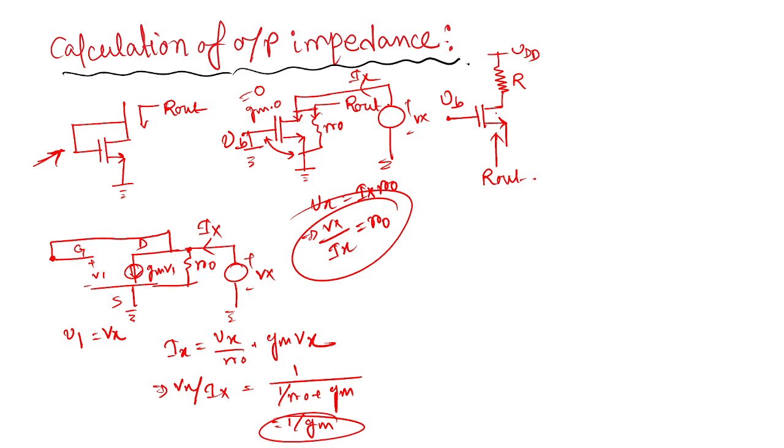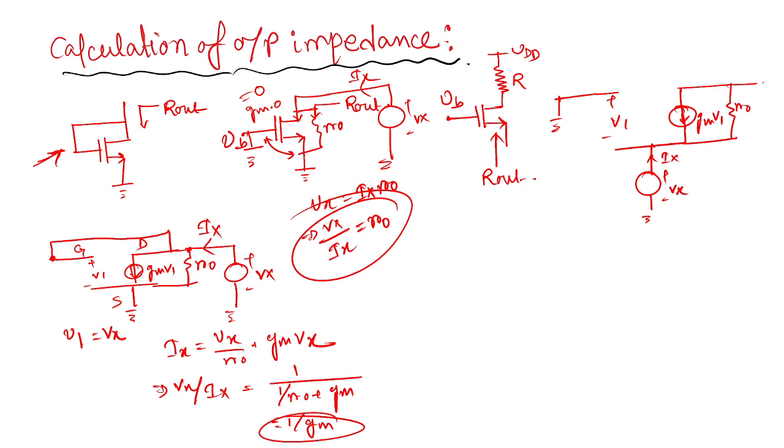Now for this structure we need to calculate the output impedance. For this we need to draw the model. Just connect with ground, and this is Vx, this is Ix, gmV1, this is R0, and here R is present.